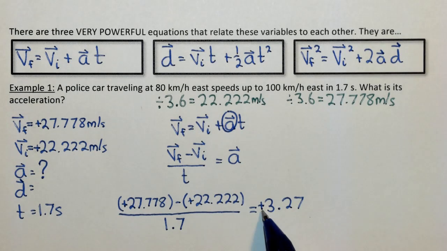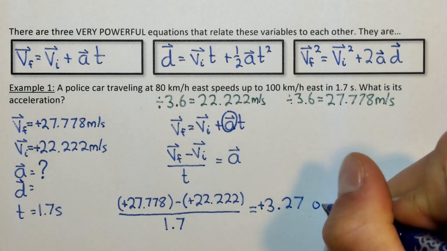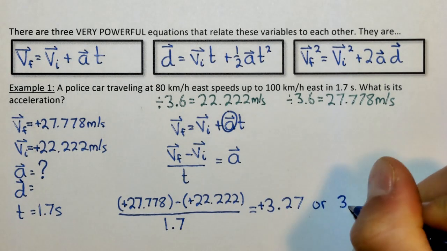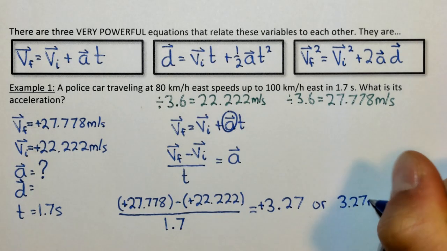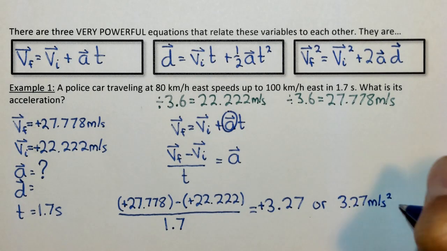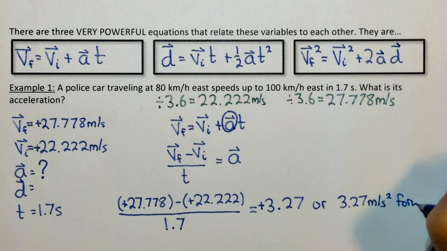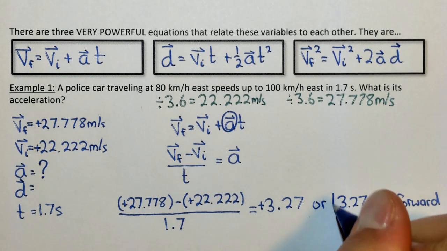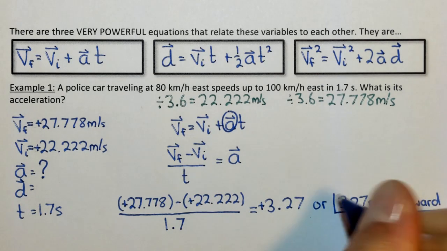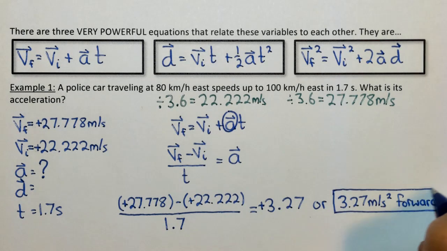And this positive means the direction of the acceleration is forwards. 3.27 meters per second squared forward. Perfect.